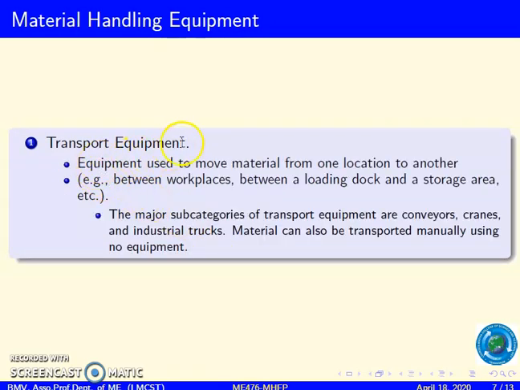The transport equipment is one which is used to move material from one location to another, that is, between workplaces, between a loading dock and a storage area, etc. And of course, we can transport material manually also without an equipment.